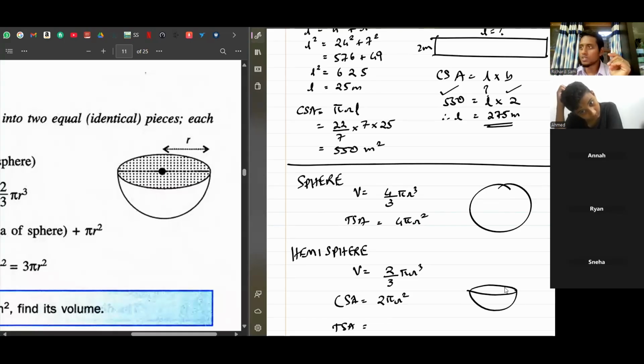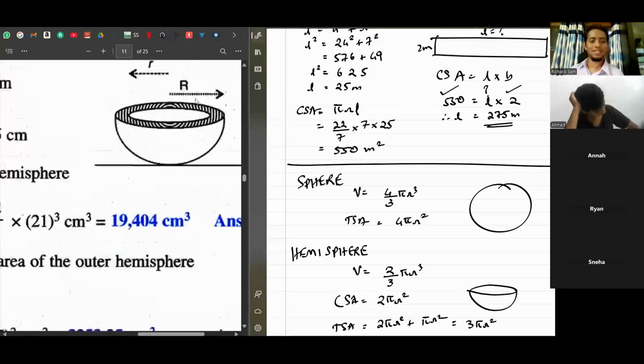The flat part is in what shape? Circle. So area of circle is pi r square. So total surface area will be the curved surface area plus the flat surface area, which is equal to what? Yeah, 2 pi r square plus pi r square is 3 pi r square. Clear?